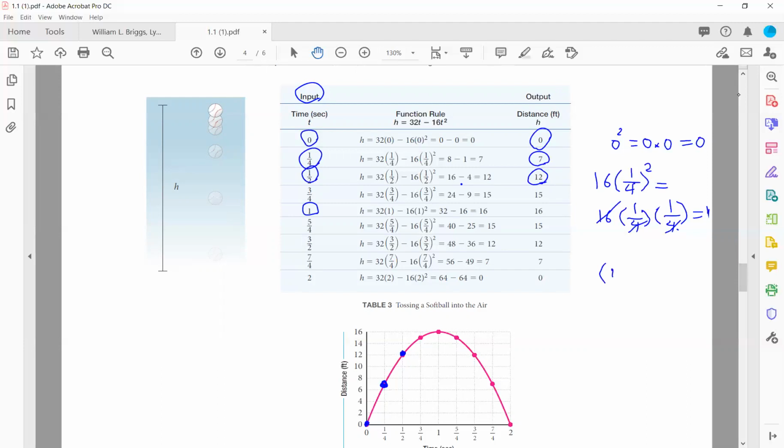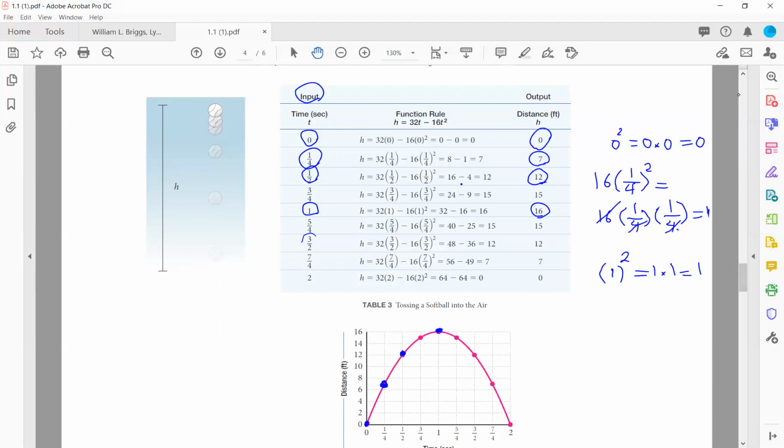It's a common mistake. Students write 1 squared to be 2. 1 squared is 1 times 1, which is 1. So here you have 32 minus 16 times 1, which is 16. The output value is 16. So when t is 1, your y value is 16.